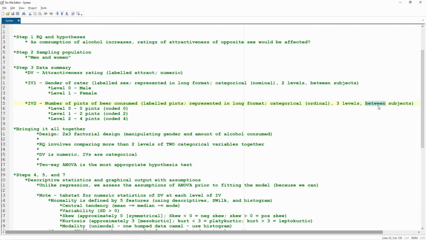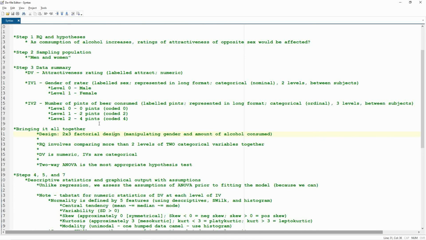So if we bring all this information together, we have what's called a 2x3 factorial design, where we're manipulating gender and the amounts of alcohol consumed. So last week when we were talking about ANOVA, a one-way ANOVA, I said the design was experimental. And here I'm saying it's a 2x3 factorial design. I'm not using the word experimental. This isn't a bad thing. Once we start talking about factorial designs, we are implicitly talking about experimental designs, either experimental or quasi-experimental.